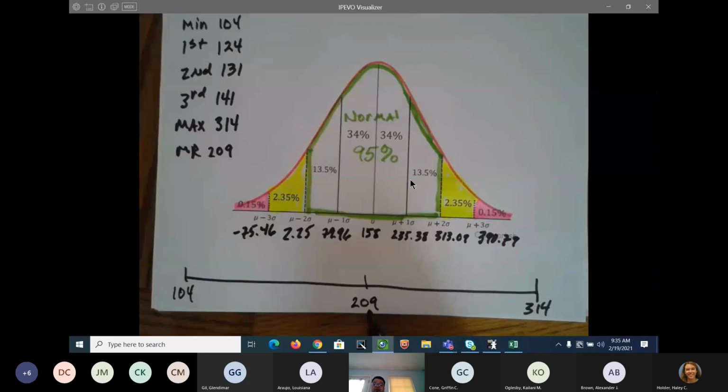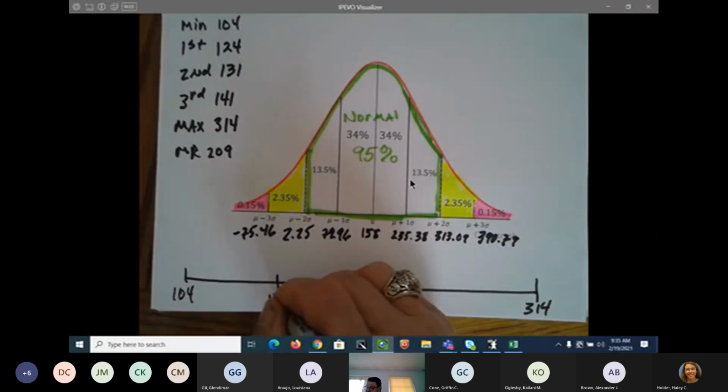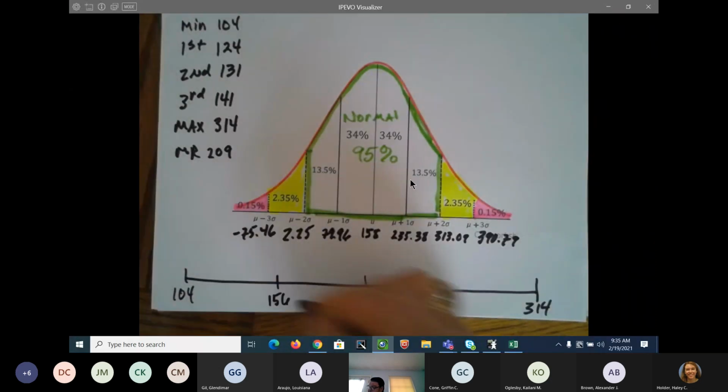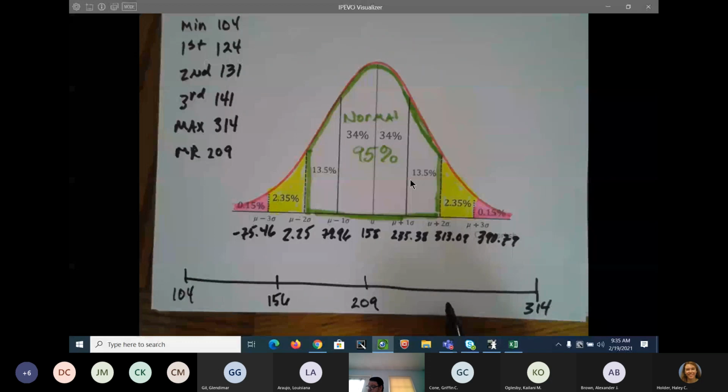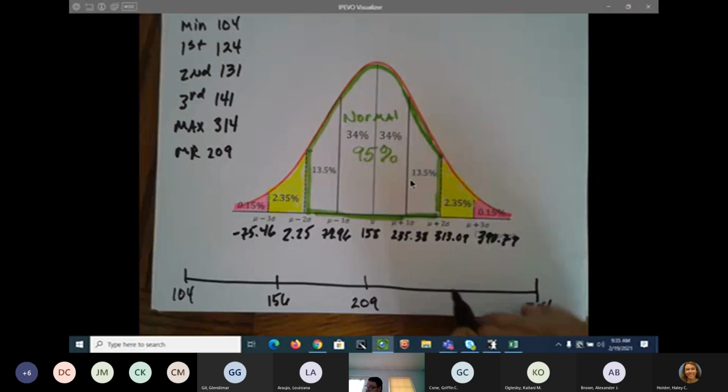Well, that's 105. Somebody check my math there. Half of 105 is what, 52? So add 52, that's going to be 156. Add 52 here, that's going to be 261. Somebody check my math.